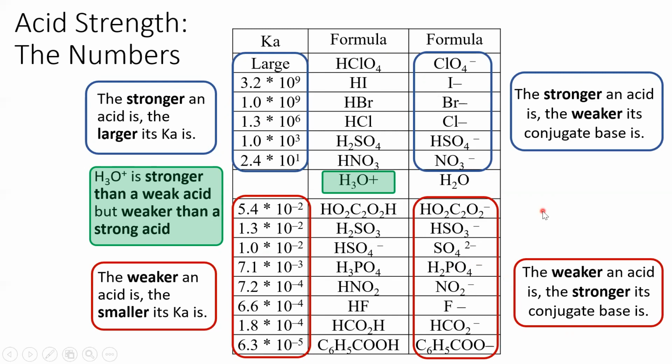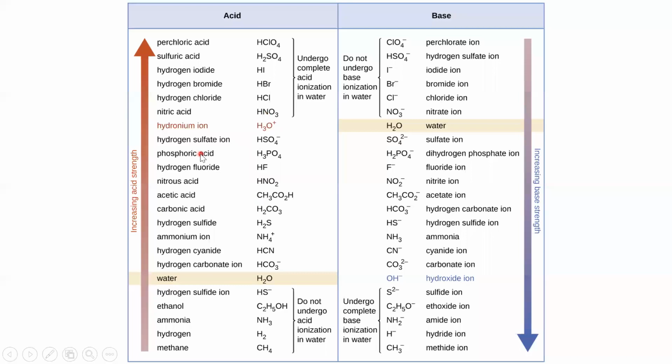Saying that backwards. So this is just a table here. It essentially is saying the stronger the acid, the weaker the base. Here we've got our strong bases down here, and we've got our strong acids up here. The stronger the acid, the weaker the conjugate base. The weaker the acid, the stronger the conjugate base. They're opposites of each other.